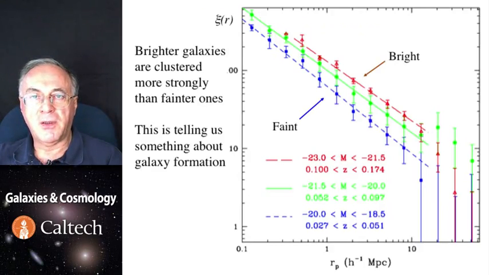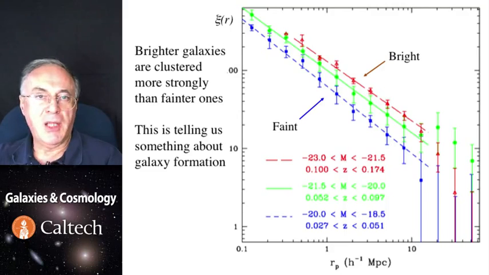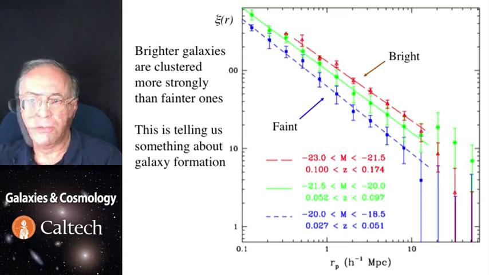I mentioned that different kinds of galaxies can cluster differently, and here is the simplest thing you can do. You can ask, how are galaxies clustered, say bright ones versus faint ones? And it turns out that bright ones are clustered more strongly. The amplitude is higher and the slope is steeper. The steepness of the slope obviously correlates with how strongly they are clustered. If the correlation function was perfectly flat, there would be no correlation.